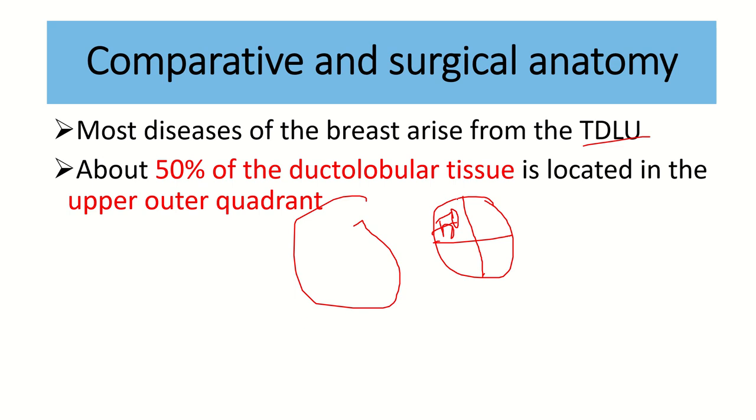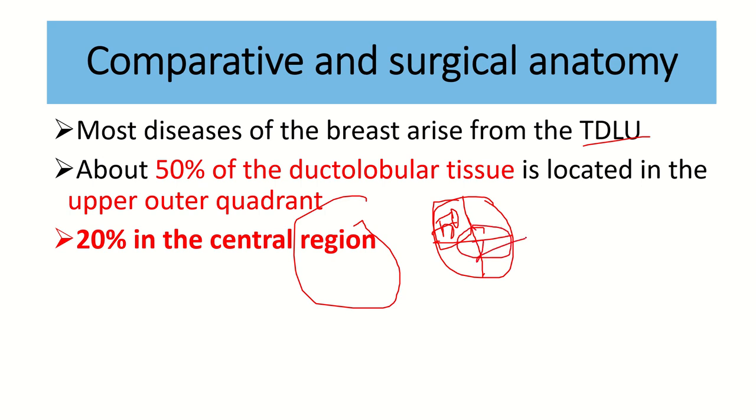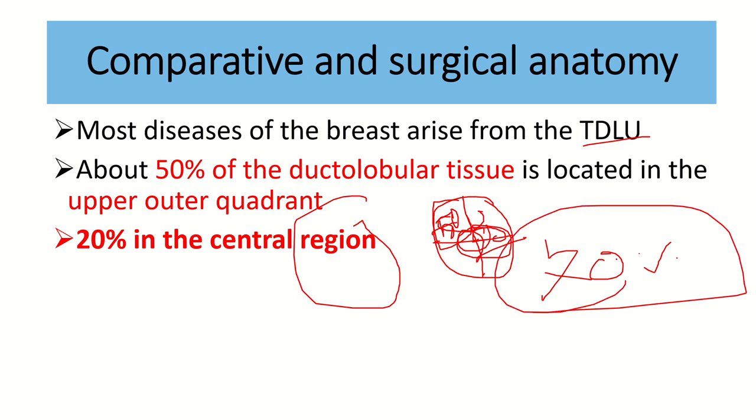So 50% of disease arises from the upper and outer quadrant, and 20% from the central region. So if we examine the upper and outer quadrant and the nipple areolar region, about 70% of the examination is completed. This information should be remembered very carefully: the upper and outer quadrant of the breast contains 50% of the ductolobular tissue, and the central region contains 20% of the breast tissue.